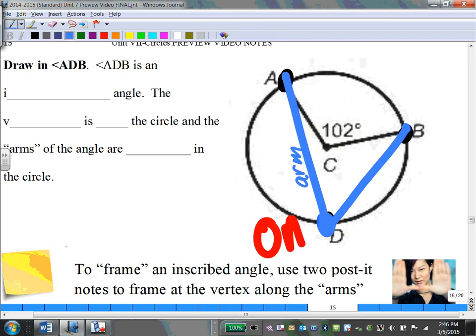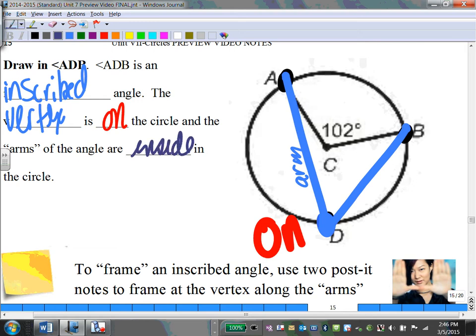That's called an inscribed angle. An inscribed angle: the vertex is on the circle and the arms of the angle are inside the circle.